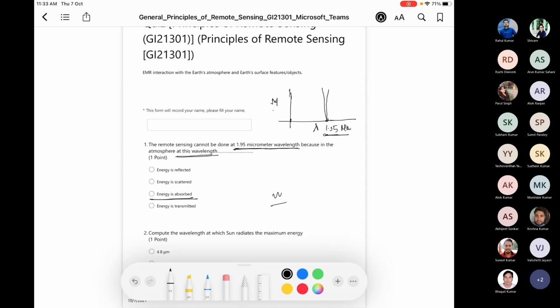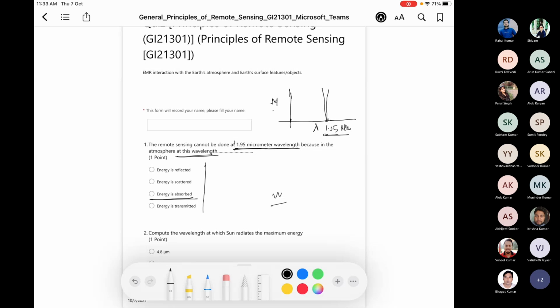In that case, you need to mention there are two major phenomena in the atmosphere that decrease the energy signal strength. They are absorption and scattering.